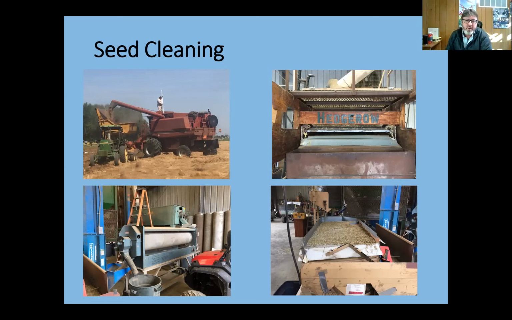That technology has been around for more than 150 years, but it does a great job of initially cleaning the material. It really separates the seed from the chaff, so a lot of the bulk cleaning is done through the combine. Then we take that material, put it out on the tarp to dry, like I was describing earlier, and when it's dry, we bring it into the cleaning mill.